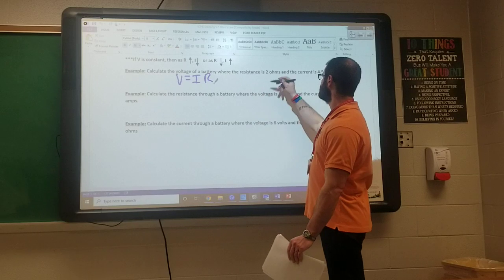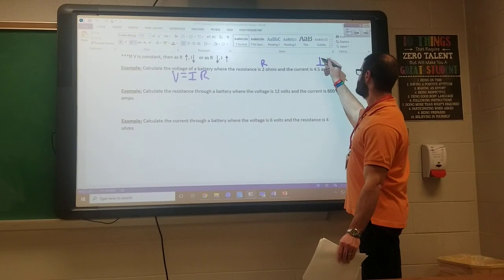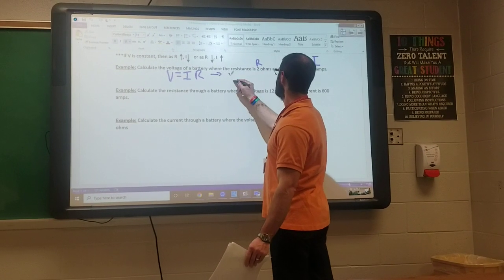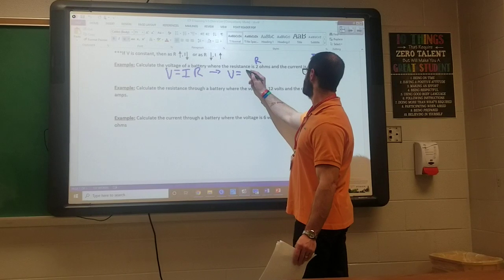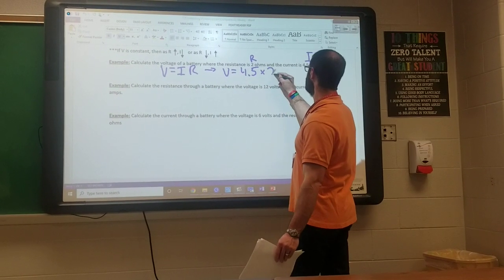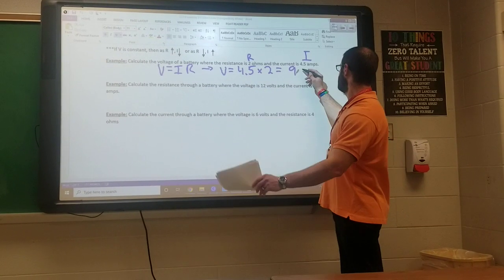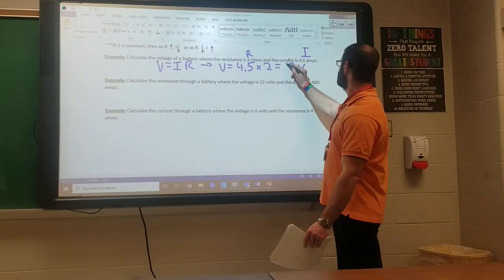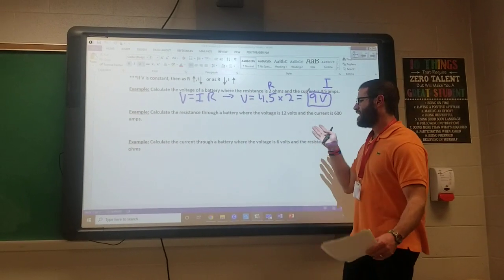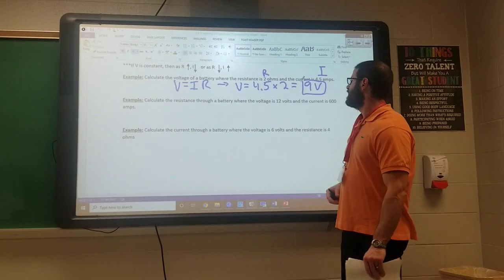Where the resistance is 2 ohms, so label that R. Current, 4.5 amps, label that I. Then I plug in. Voltage equals current, which is 4.5, times resistance, which is 2. And we know that's going to be 9. What are the units for voltage? Volts, which we represent with V. So perhaps we're representing a 9-volt battery, kind of like you'd have in your smoke detector, for example.